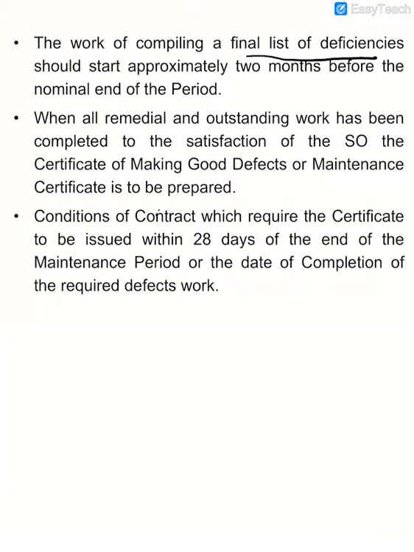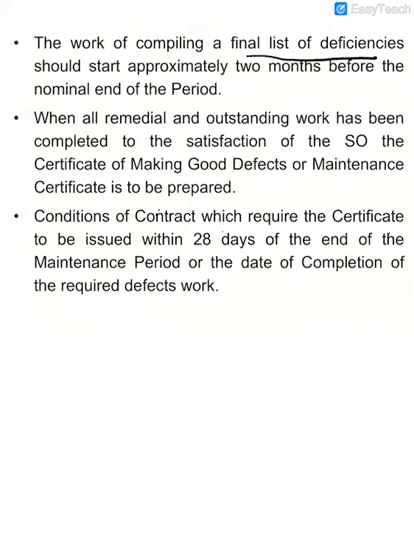In the condition of the contract, the certificate is required to be issued within 28 days of the end of the maintenance period or date of completion of required defect work.